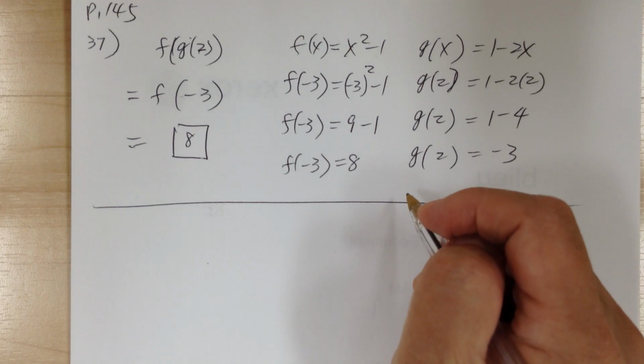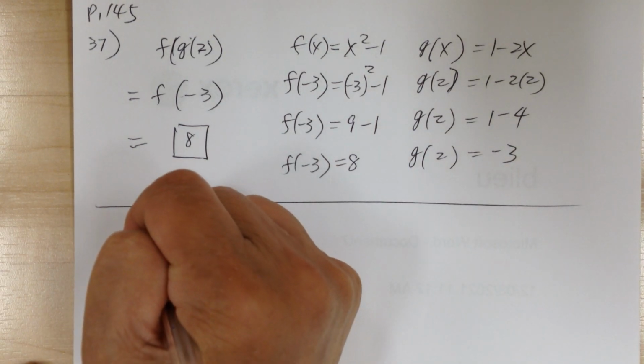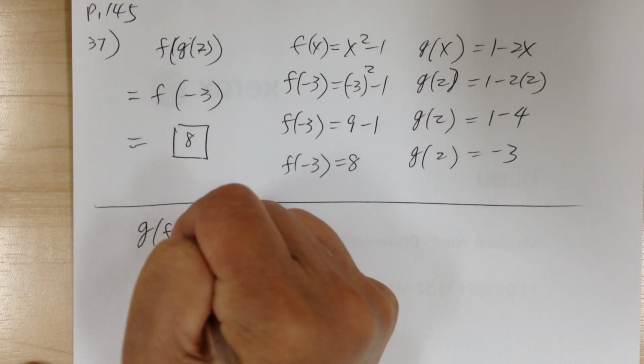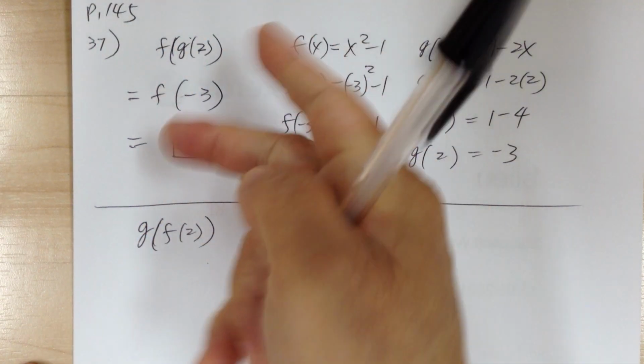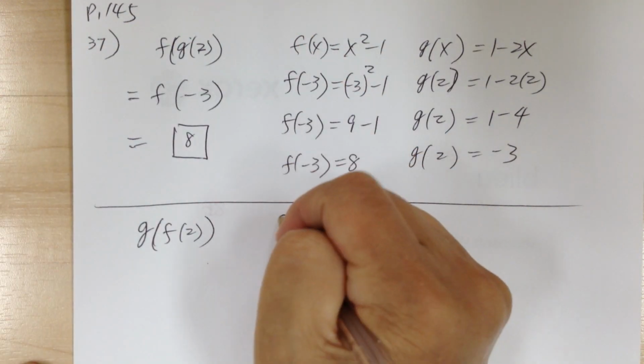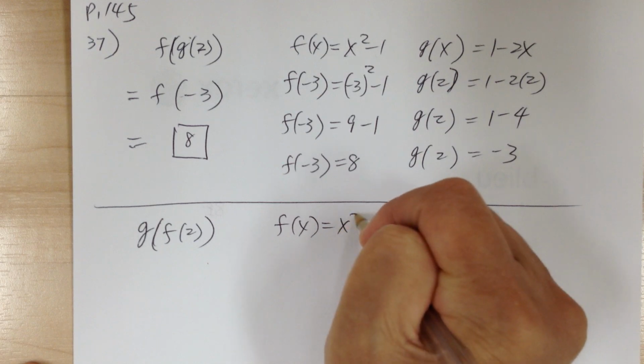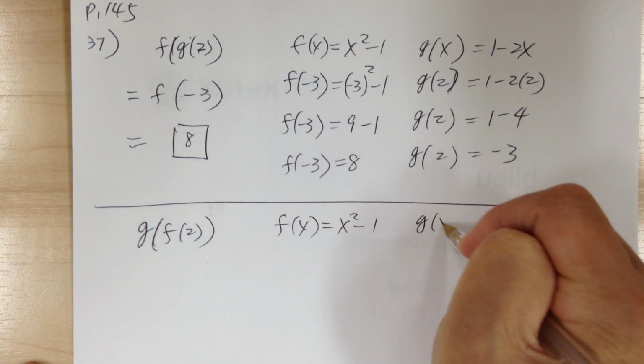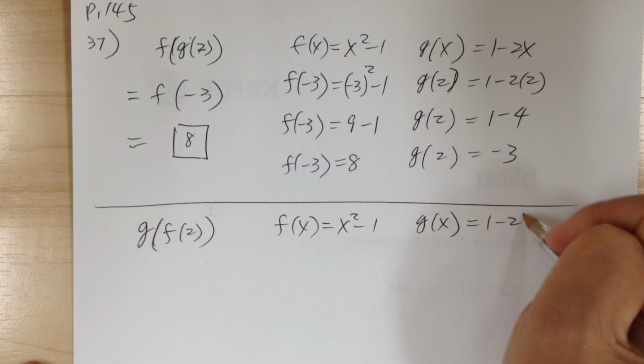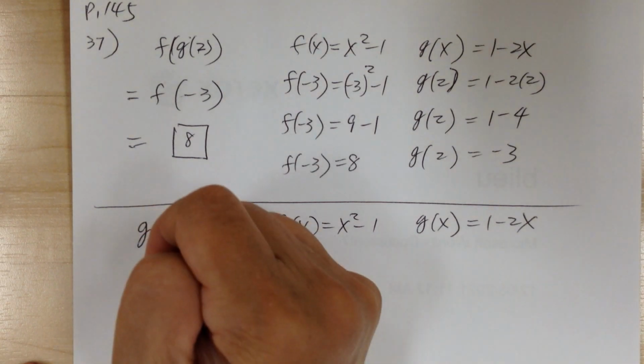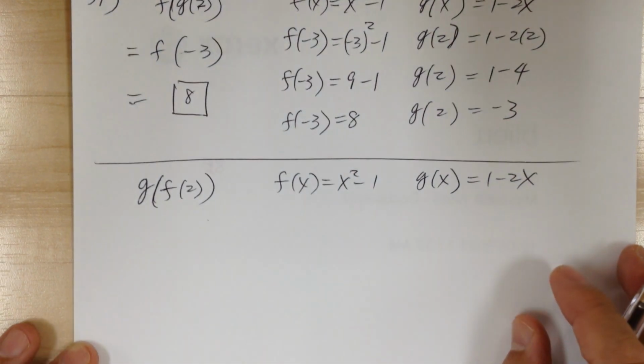Okay, now let's do the other way. Let's do the g of f of 2. Again, we're going to switch the function, right? Switch the order. Functions are, you know, I kind of use an illustration of the washing machine and dryer.